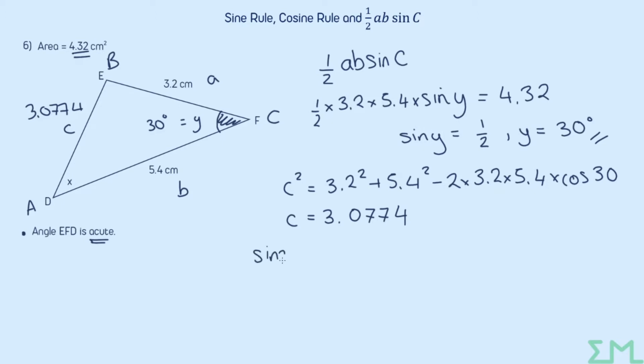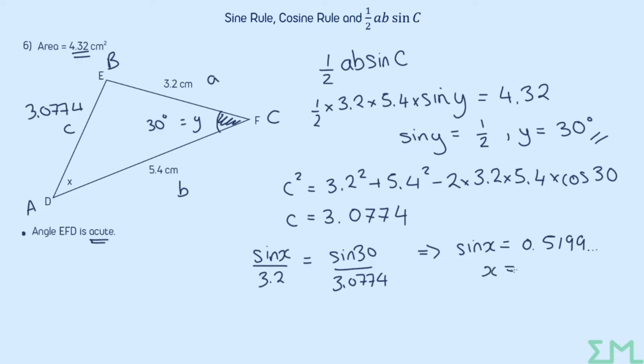So now I can put sine x over 3.2 equals sine 30 over the side I just worked out. So what we're going to get there, sine x equals 0.5199, etc. And then if we do inverse sine on that, we get 31.3.